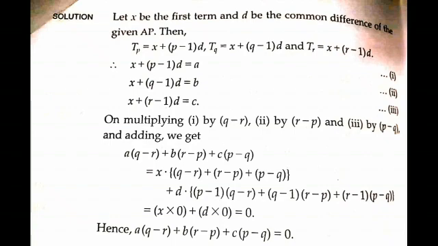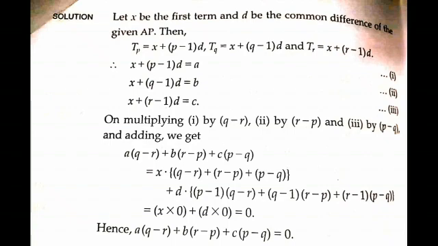In the question it is given that the pth term is equal to a, so we have x plus (p minus 1) into d equal to a. Assume this as equation 1. And the qth term is equal to b, so we have x plus (q minus 1) into d equal to b. Let this be equation 2.